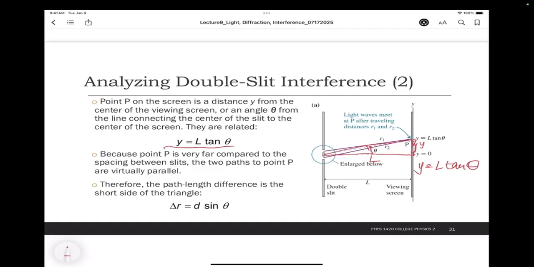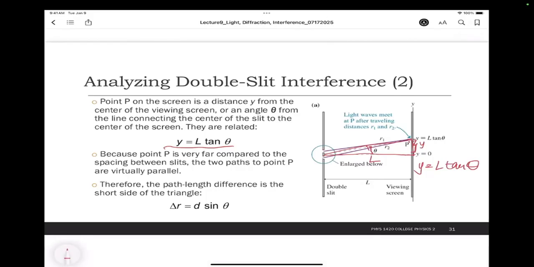Because point P is very far compared to the spacing between slits, the two paths to point P are virtually parallel.